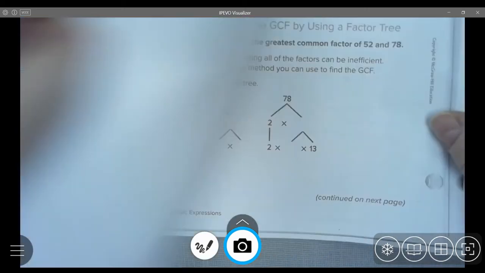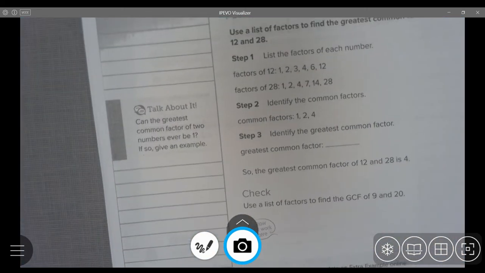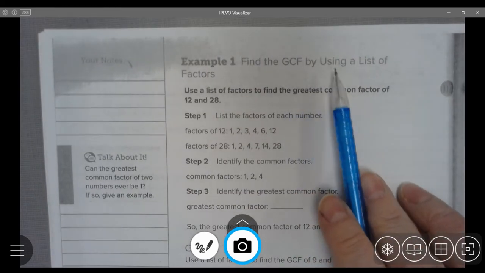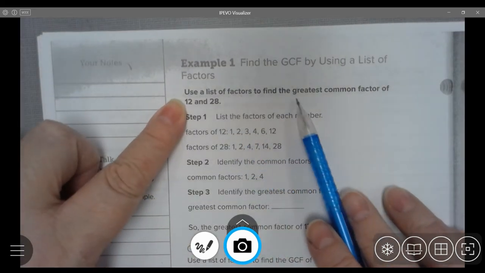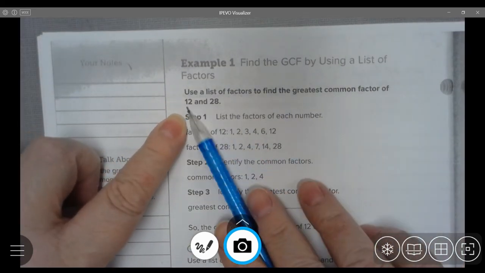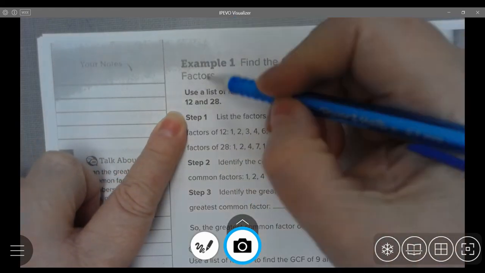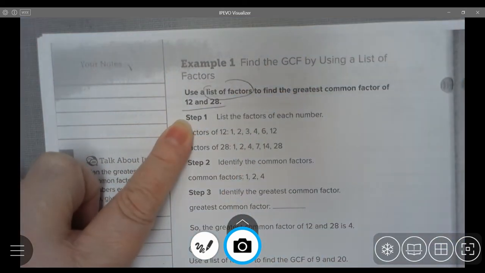296, at the top of 296, we have example 1. Find the GCF, or greatest common factor, by using a list of factors. Use a list of factors to find the greatest common factor of 12 and 28. So in this case, we're going to list the factors, and we're going to find the factors of 12 and 28.